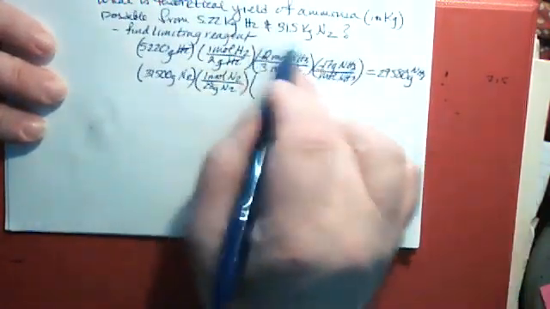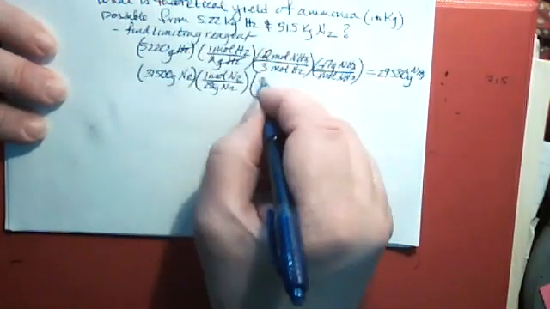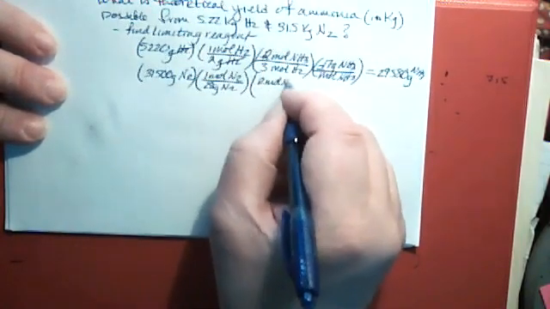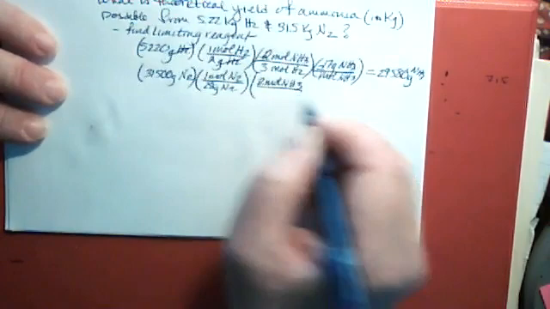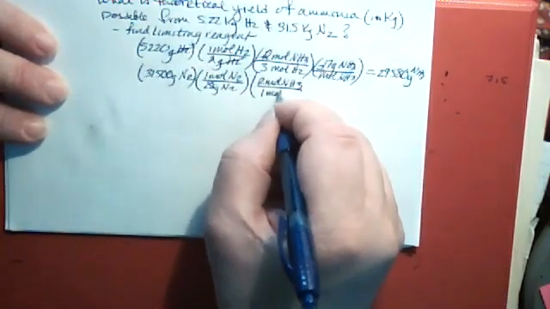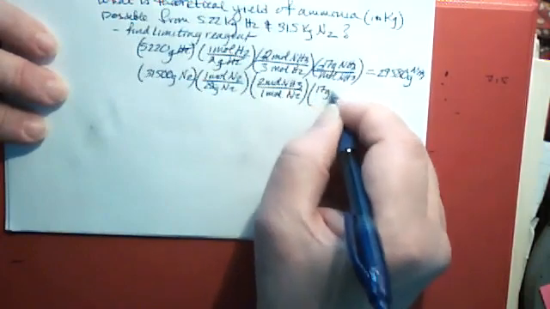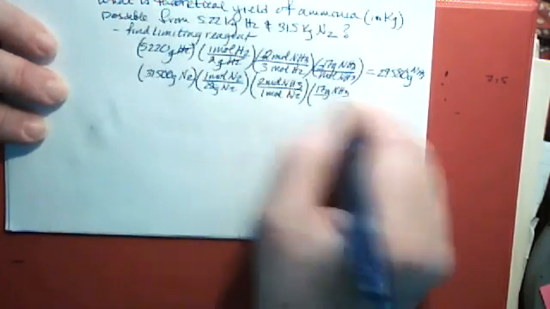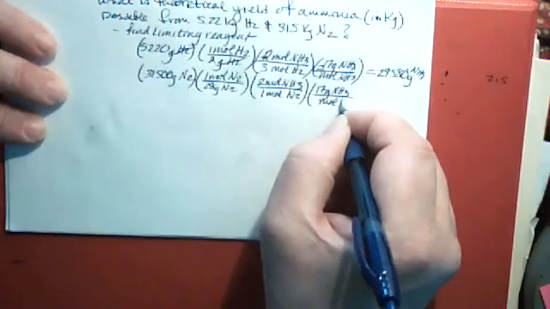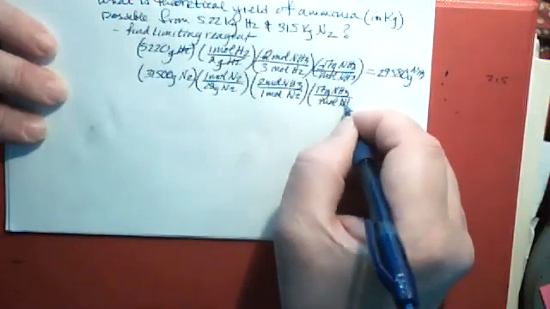The equation tells us that we get 2 moles of NH3 for every 1 mole of N2, and there are 17 grams of NH3 per mole of NH3.